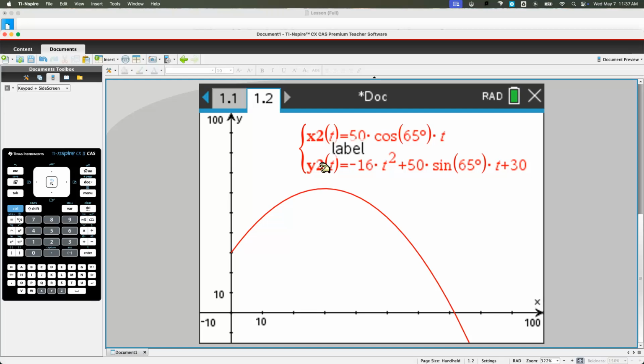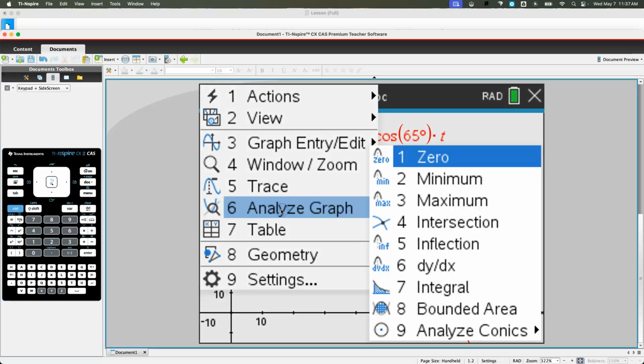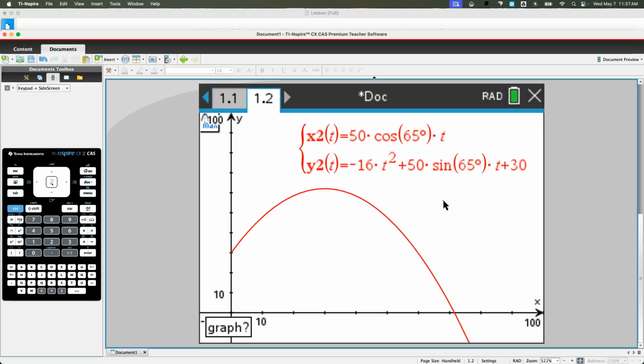Okay? With me so far? Now, here's the downfall with parametrics. The downfall of the TI Inspire and the parametrics is that all of your analyzing doesn't necessarily work.